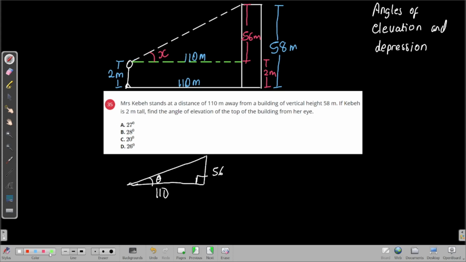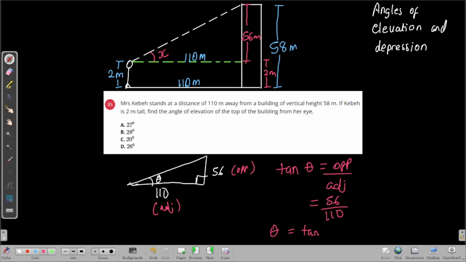Of course this is the opposite side, and 110 is the adjacent side. So tan theta is equal to opposite over adjacent, so theta is equal to arctan of that. That's about 27 degrees.